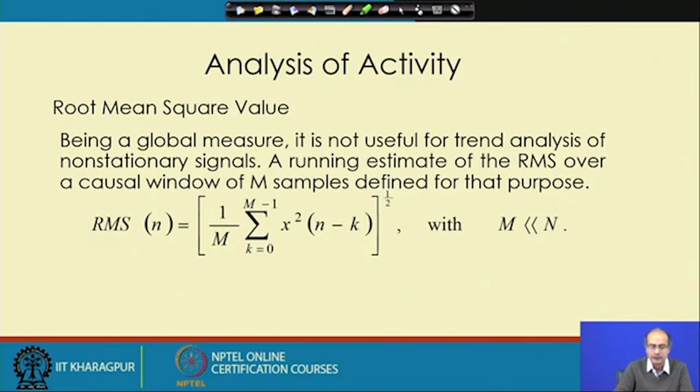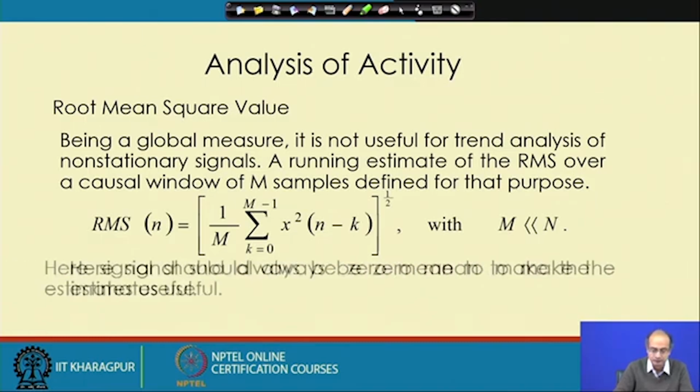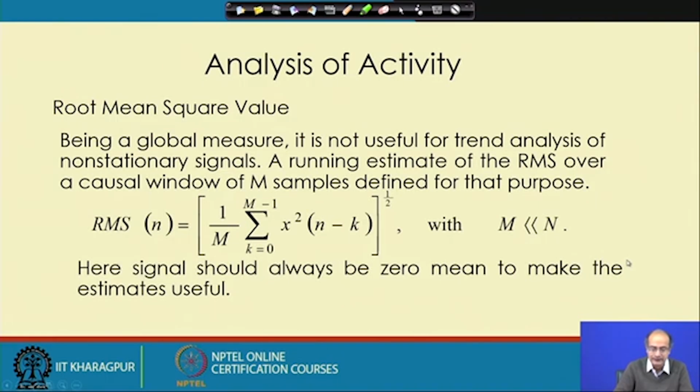That part we get from the RMS value, and here the signal should always be 0 mean. Sometimes it may not be written in the book, but we should be careful that it should be 0 mean, otherwise it will give us a bias which is of no use. Actually, what we are interested in is the change in the energy level of the signal.